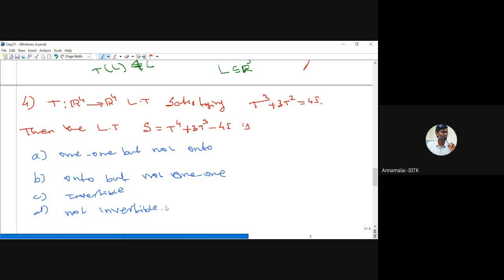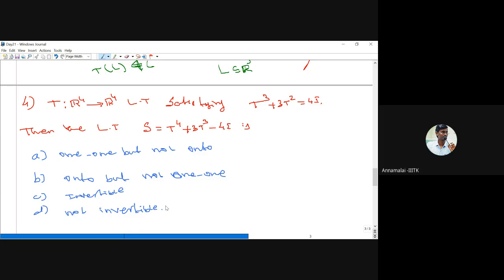Now, not invertible means what? The inverse does not exist, that is, the determinant of the matrix is 0. Because a linear transformation can be viewed as a matrix. Any linear transformation from a finite dimensional vector space to a finite dimensional vector space can be viewed as a matrix.